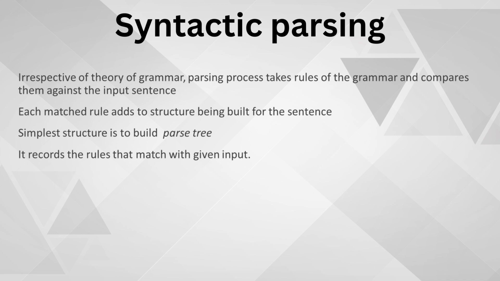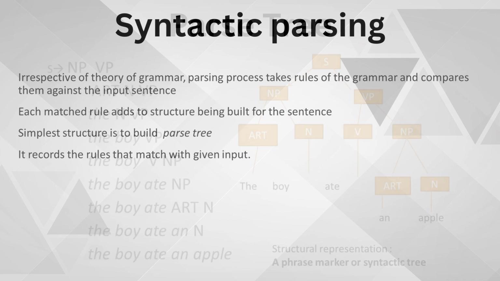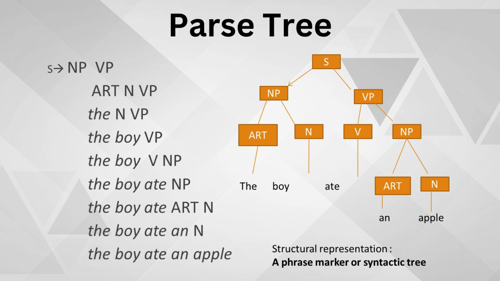Like we give an input sentence and any syntactic processor has to give an output structure. The most popular output structure generated by parsers is the parse tree. Let us see what a parse tree looks like. As given in the figure, the production rules stated on the left side say that a sentence is made up of a noun phrase and a verb phrase. So, in the corresponding parse tree, we bifurcate S into two nodes, NP and VP.